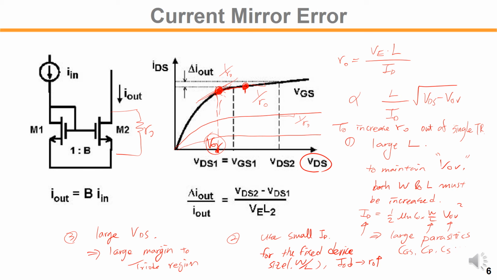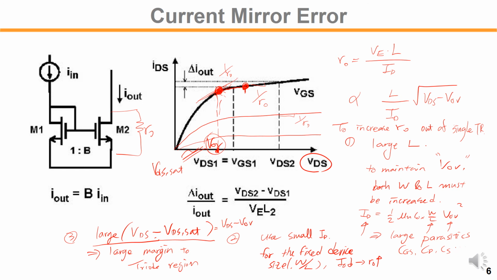Okay, so VDS. Try to have a large VDS minus overdrive, I mean VDS minus VDS set, right? VDS set is the same as VD in the scale model. VDS is similar to VDS set. So in that case, you want to have a large VDS, okay? Meaning VDS minus V overdrive.